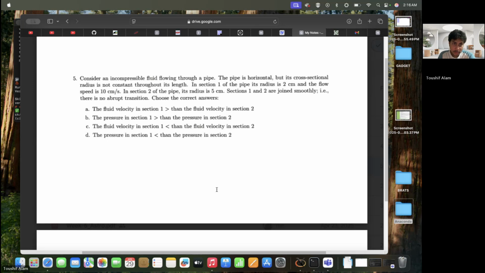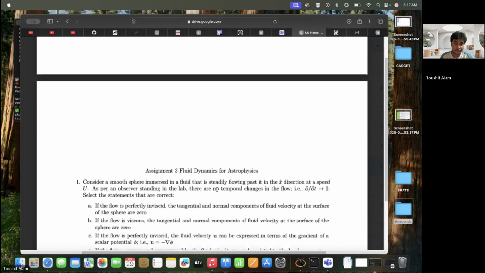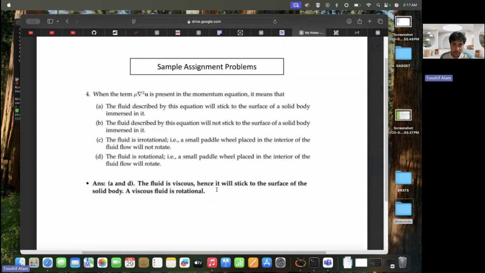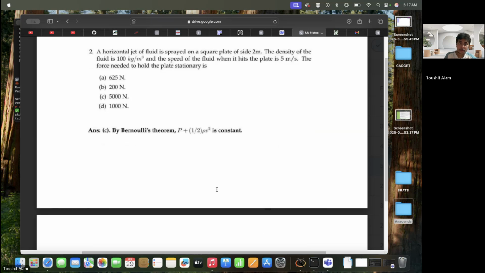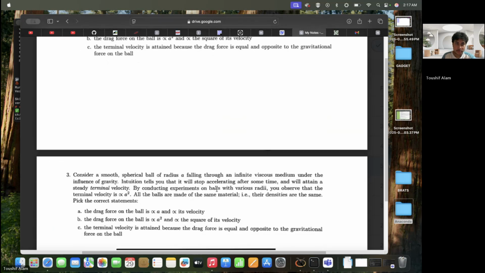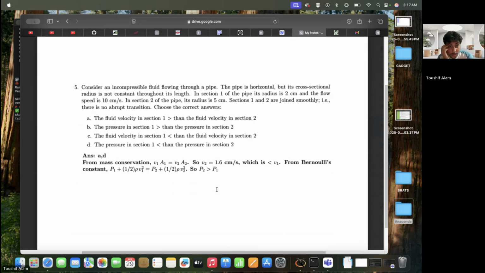Okay. So this is similar to this question, if you remember. But from mass conservation, we get that V1 A1 is equal to V2 A2.